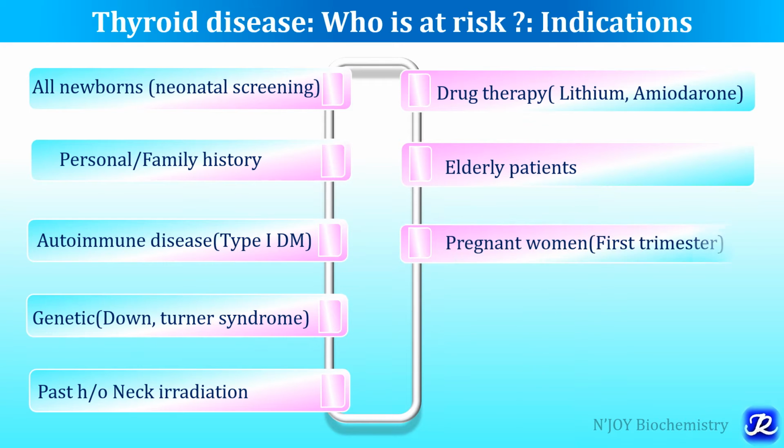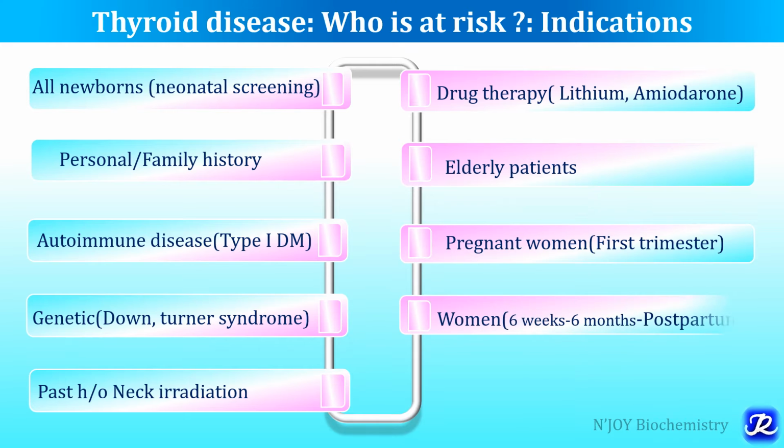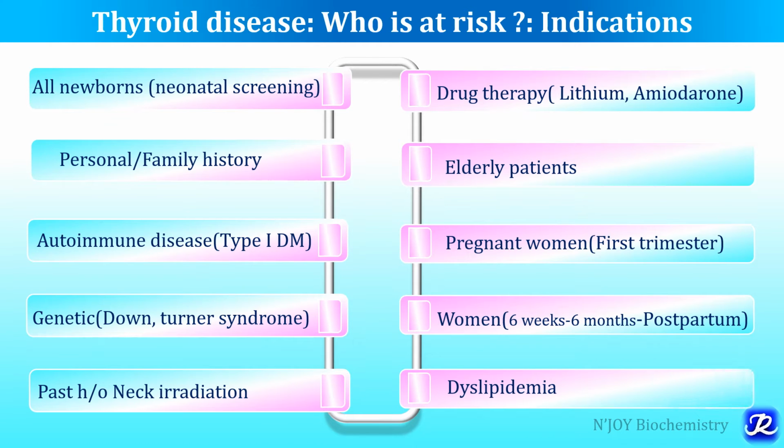Elderly patients, pregnant women in the first trimester, in postpartum period, that is from 6 weeks to 6 months after delivery, and if the person's lipid profile is deranged in case of dyslipidemia, as we know that hypothyroidism is associated with hypercholesterolemia, hyperthyroidism is associated with low cholesterol level. So these are the various indications of doing thyroid function tests.